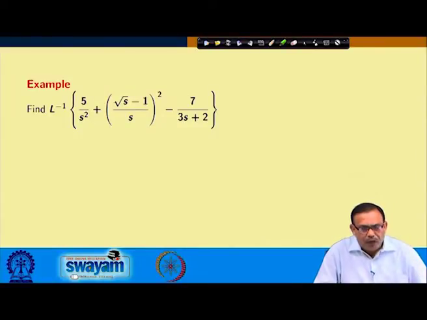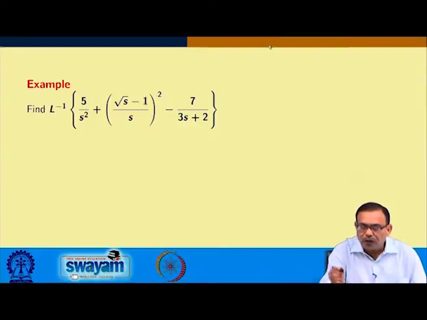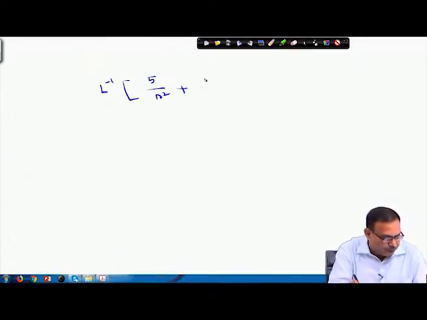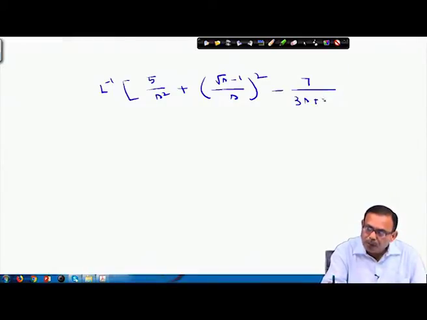Now, let us try to find the inverse Laplace transform of this particular function: Laplace inverse of 5 by s square plus (root s minus 1 by s) whole square minus 7 by 3s plus 2.